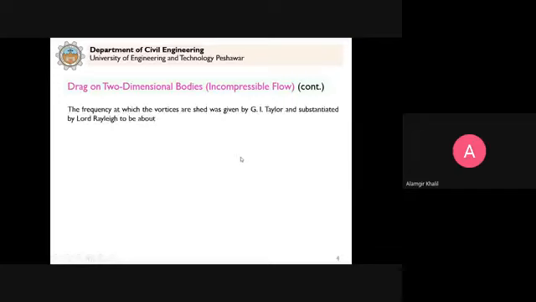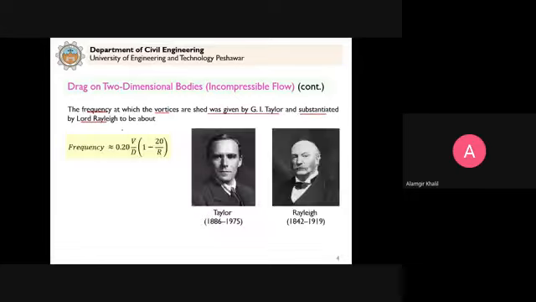So the frequency at which the vortices are shed was first given by G.I. Taylor and substantiated by Lord Rayleigh to be about this, given by this equation.